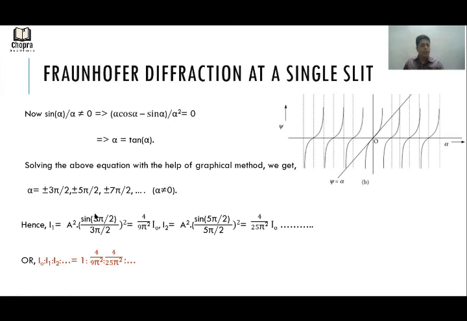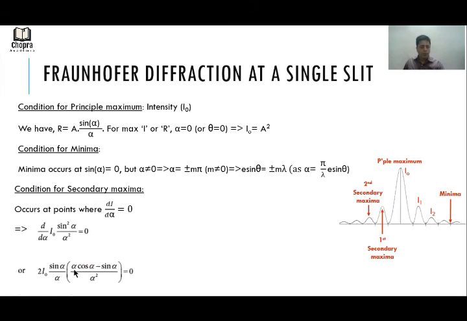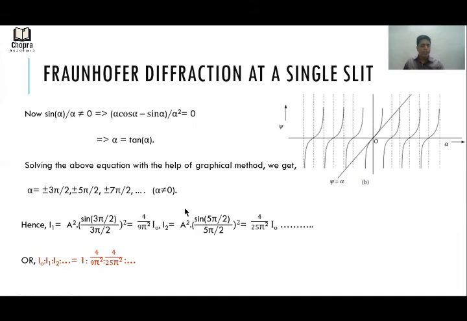So that is what I do here. I have the formula for intensity, that is I naught sine square alpha by alpha square. So I just substitute for the alpha value, I get this: I naught sine square of 3 pi by 2 by 3 pi by 2 whole square.